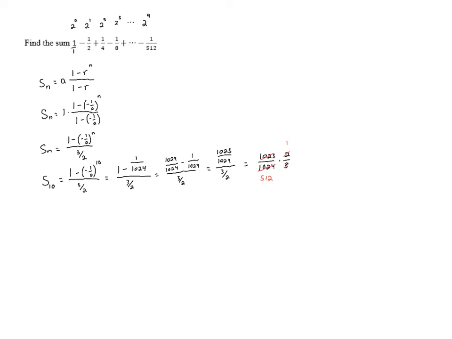When we reduce by a factor of 3, we get 341 and 1. And so when we multiply across, we end up with 341 over 512. And that is our final exact answer.